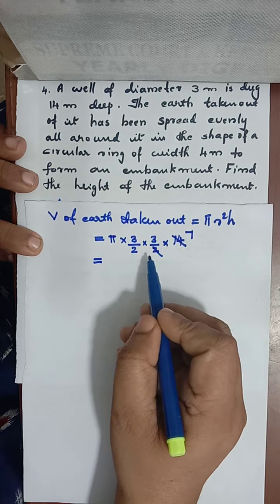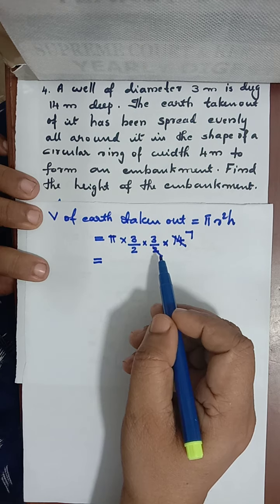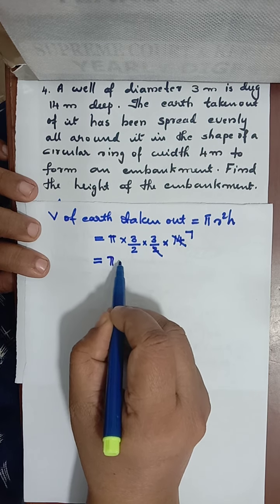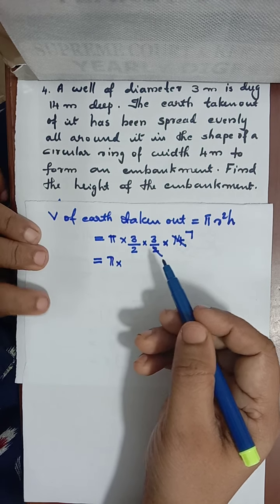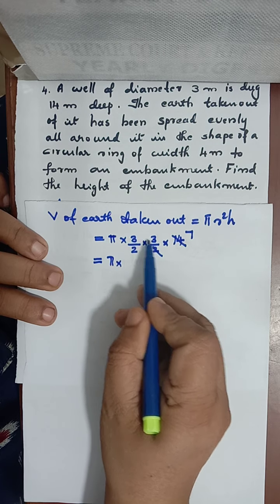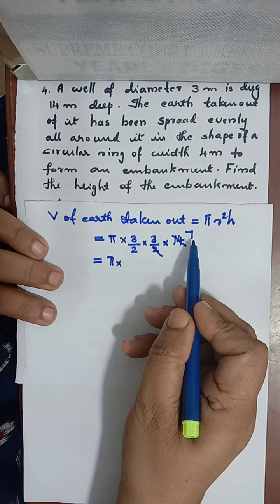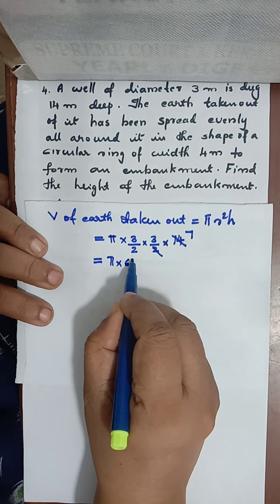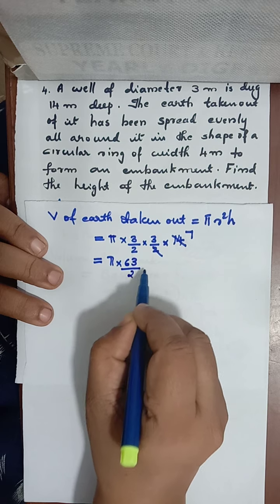We cannot do anything else, you have to multiply and divide. So pi into 1.5 into, 3 3s are 9, 9 into 7, 63 by 2.